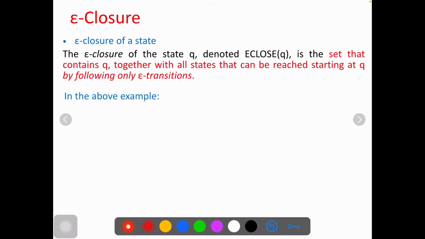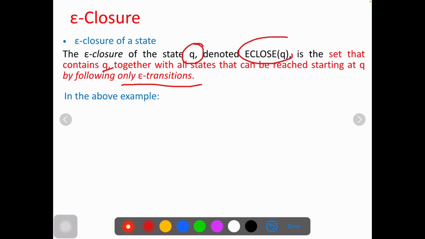E-closure is a set of states which are reachable from Q without taking any input. The E-closure of the state Q, denoted E-closure of Q, is a set that contains Q together with all states that can be reached starting at Q by following only epsilon transitions, right?